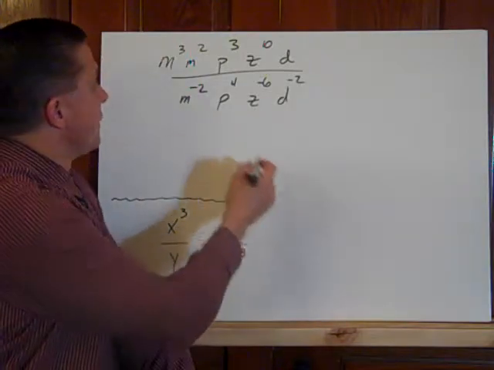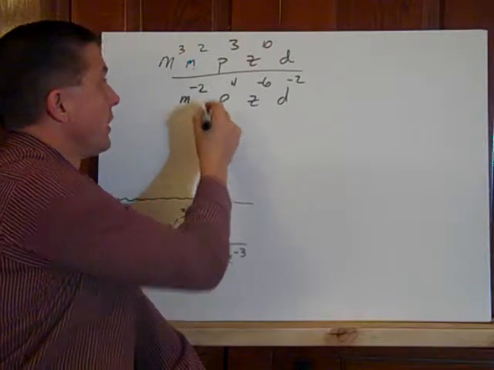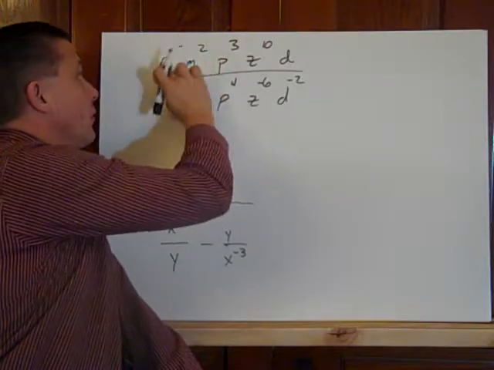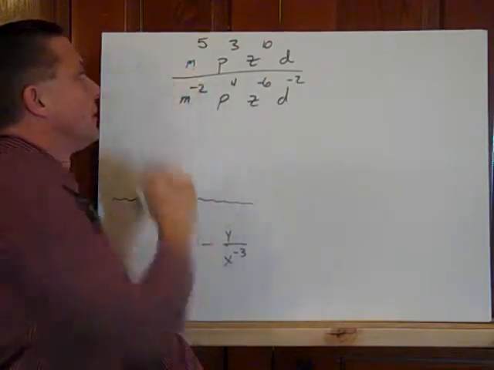All right, so here I go on the top. I have m cubed times m squared. There's a product rule to start with. I'm going to write that as, and I love having an eraser board, m to the 5th.